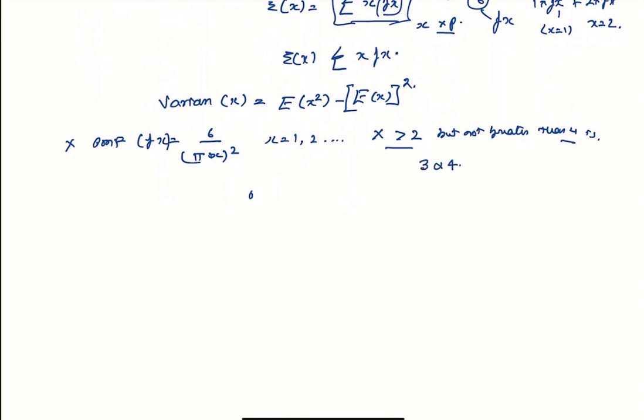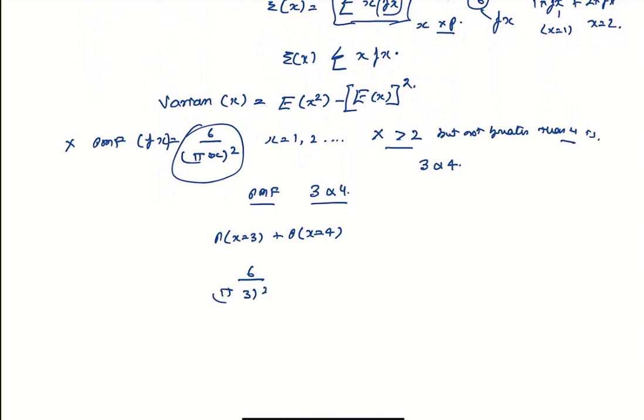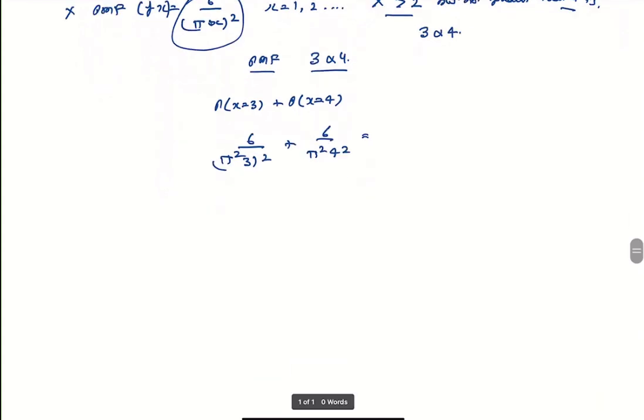So all you do is calculate the PMF of 3 and 4 and then add them together. That is probability of x equal to 3 plus probability of x equal to 4, and we already know the PMF formula. So that is 6 upon pi square 3 square, plus 6 upon pi square 4 square, and you will get the answer.